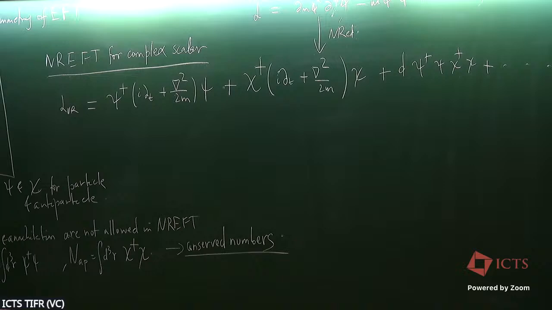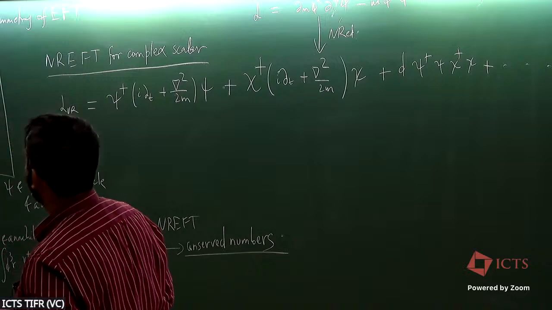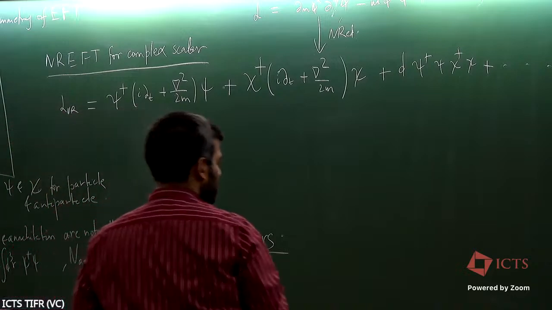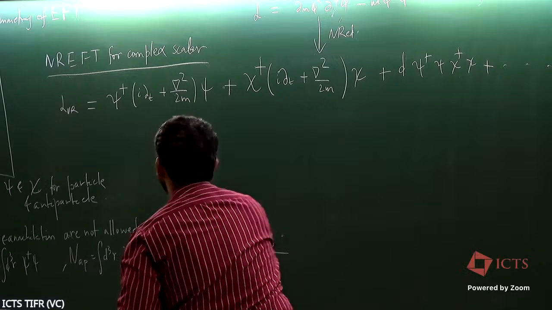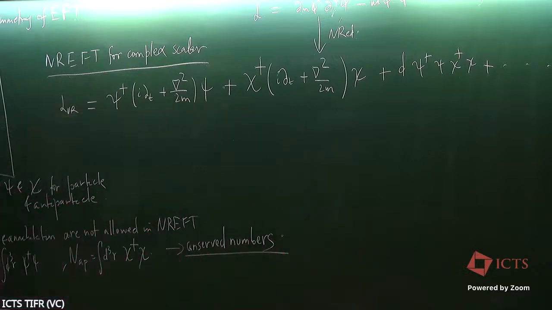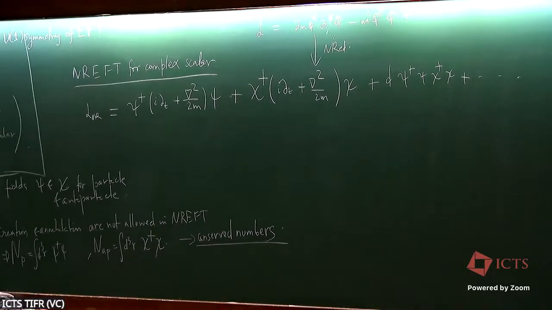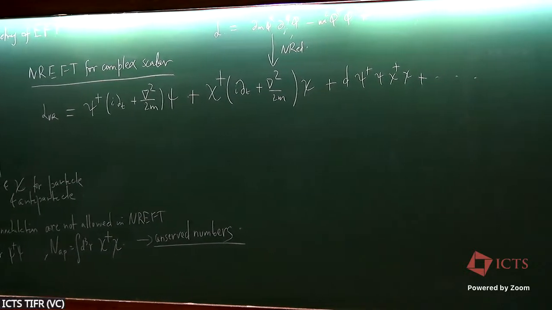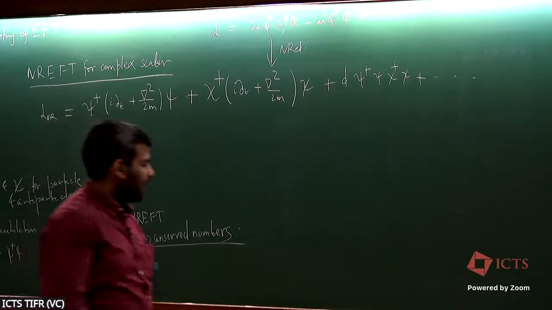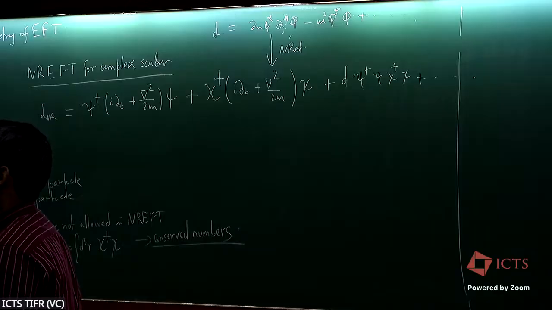An important aspect, if you look at it from the normalization side or the mass dimensions, also gives an answer why I need this 1 by square root 2m factor, to match my relativistic field phi to my non-relativistic field psi.